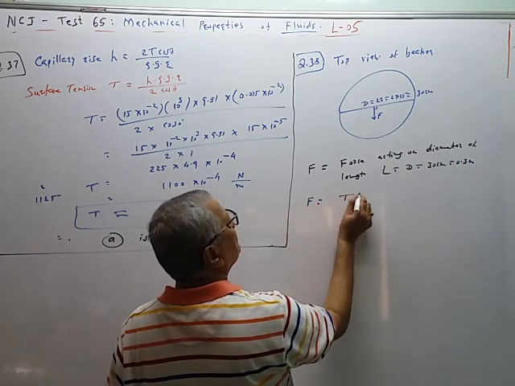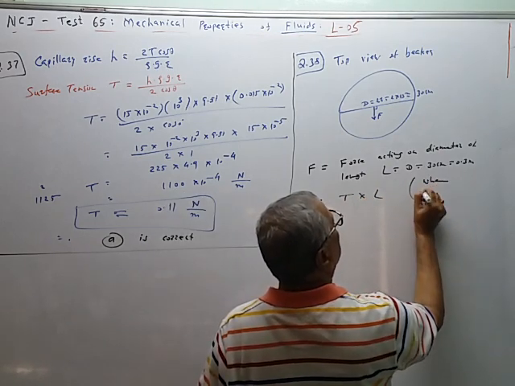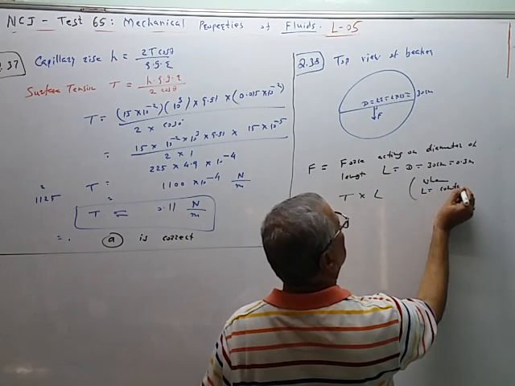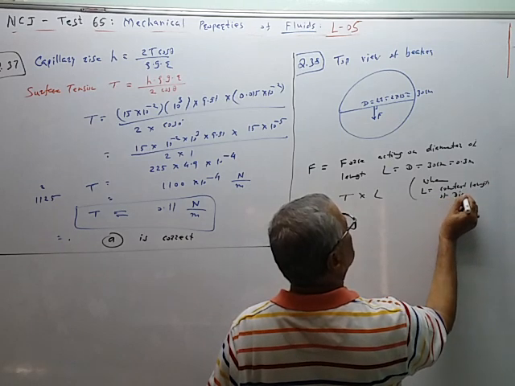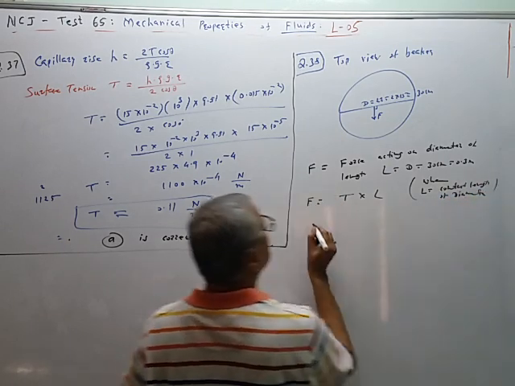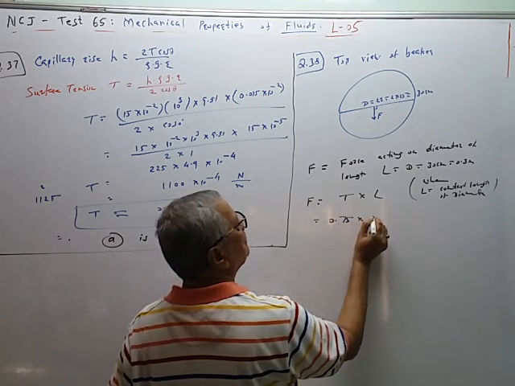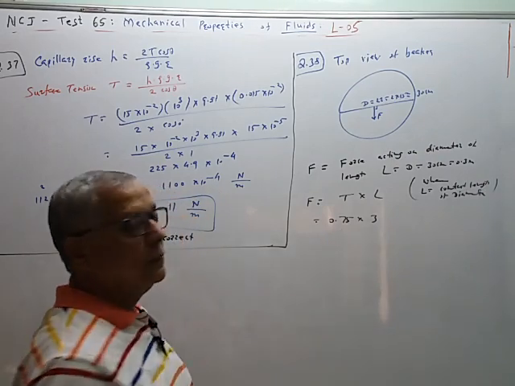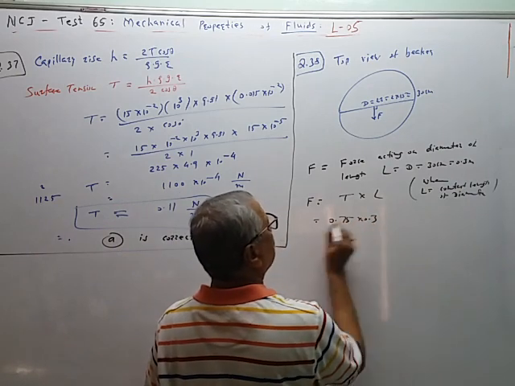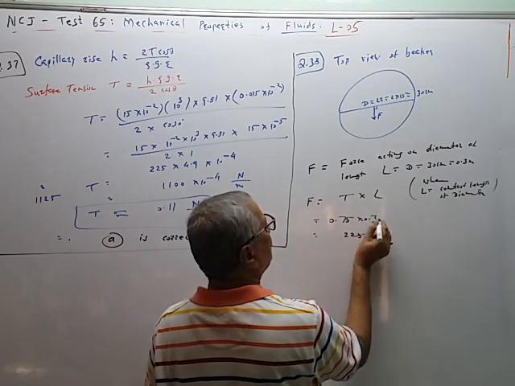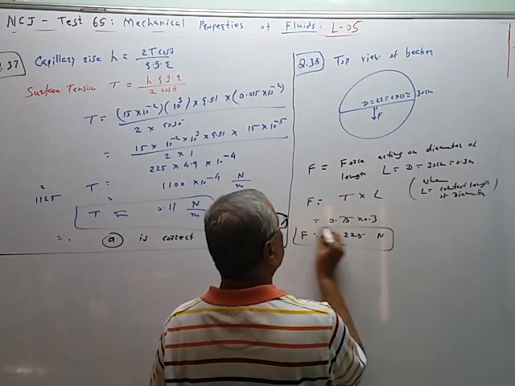So F is equal to T multiplied by L, where L is the contact length of the diameter. Therefore this is equal to 0.75, means 3 by 4, multiplied by 0.3. So this is equal to 0.225 Newton. This much force is acting.